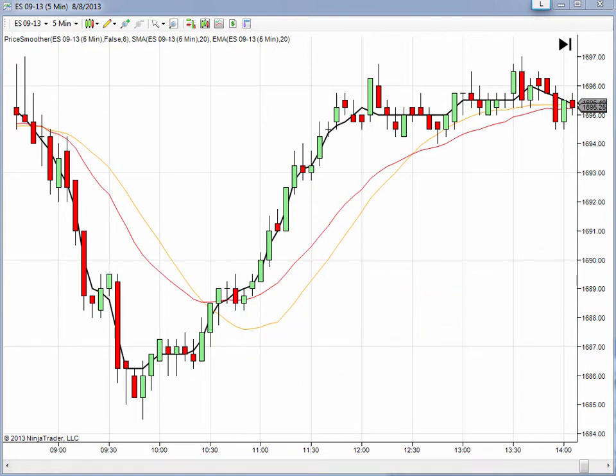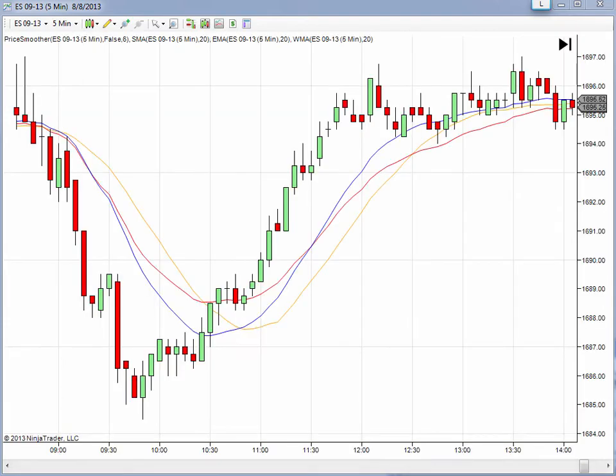And we see almost exactly the same thing if we use the WMA, or the weighted moving average. Let's put a WMA on there in blue.